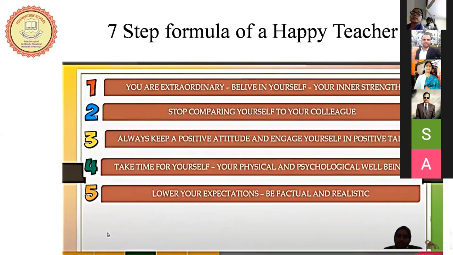When a child writes the answer, simply we go through the answer and give the child 3 marks. And when the child comes to us saying that, sir, why only 3? We very simply reply that your answer could have been better than this. That's why I have given you only 3. Do it better, you will get 4.